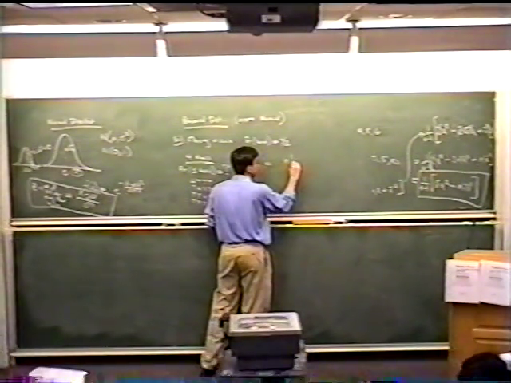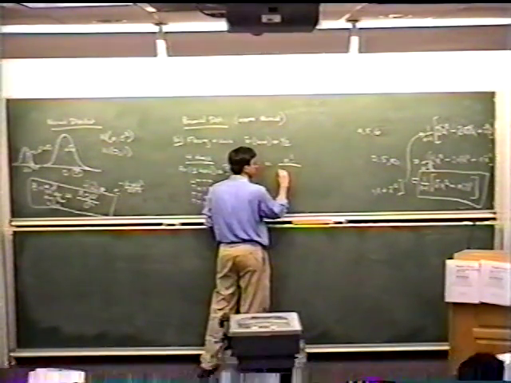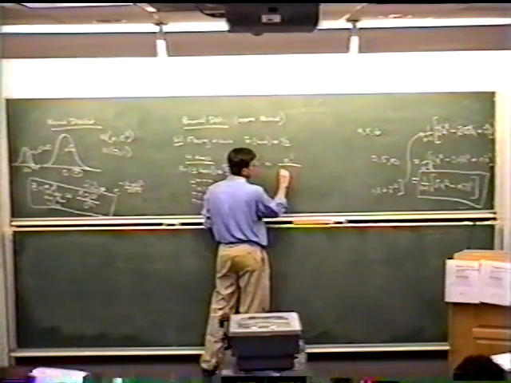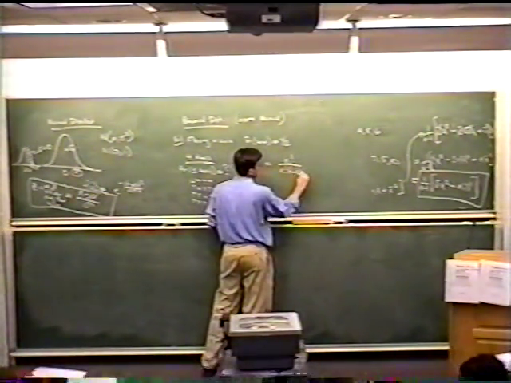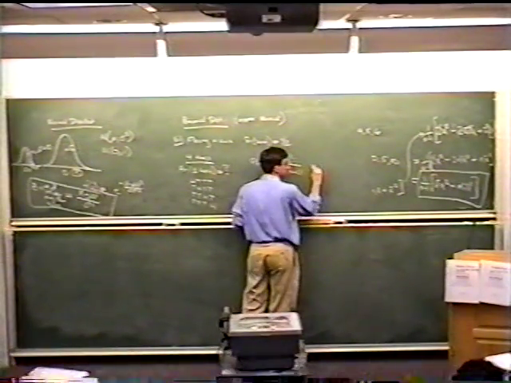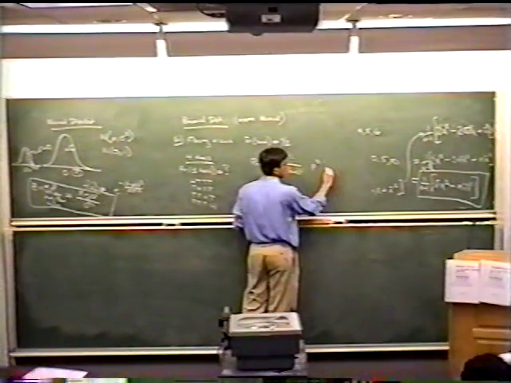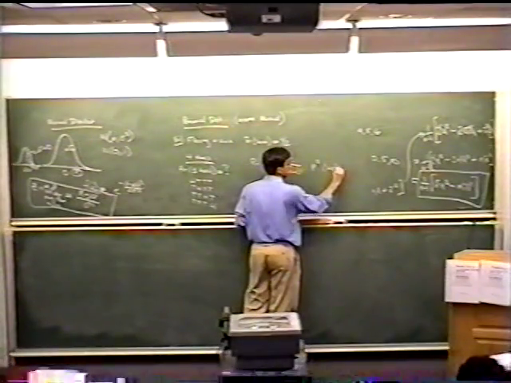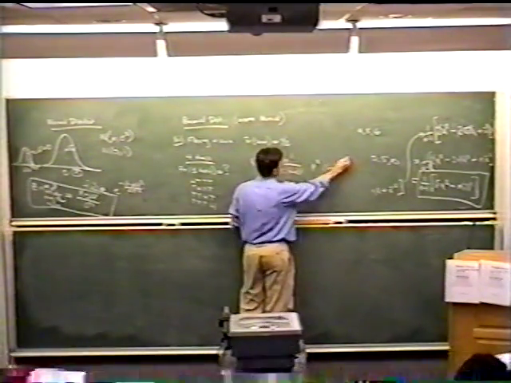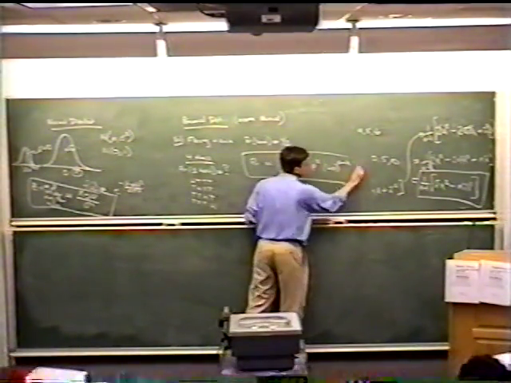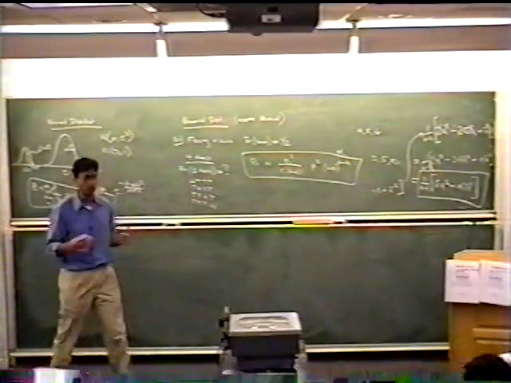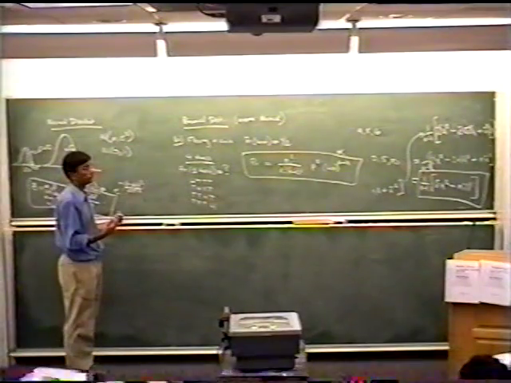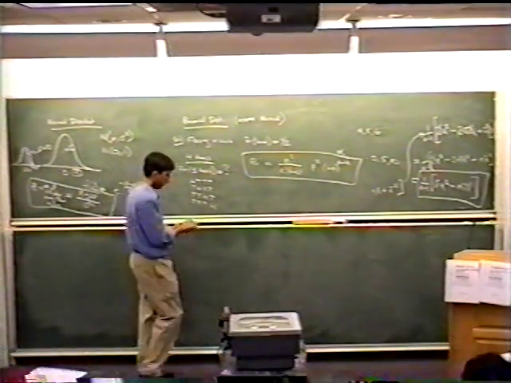It's n factorial over x factorial times n minus x factorial, times p to the x times 1 minus p to the n minus x. Now, this is something you do need to know. Again, this is an open book exam, so you don't have to memorize it, but you'll need to know how to use this equation. Okay?